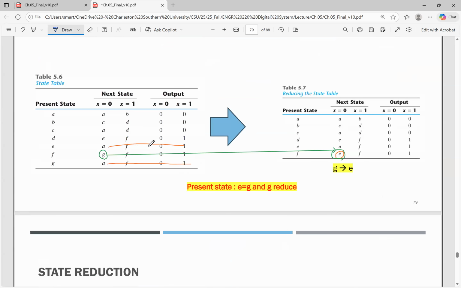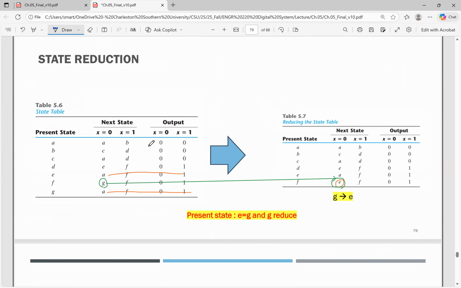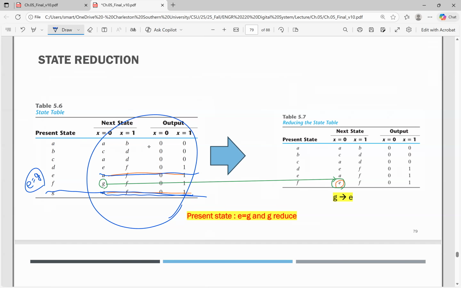So from the given state table, we can do state reduction. What does that mean? So in here, A F 0 1 is the same. So we can remove the last row, and then E is equal to G. That is the next step. So where is the E?